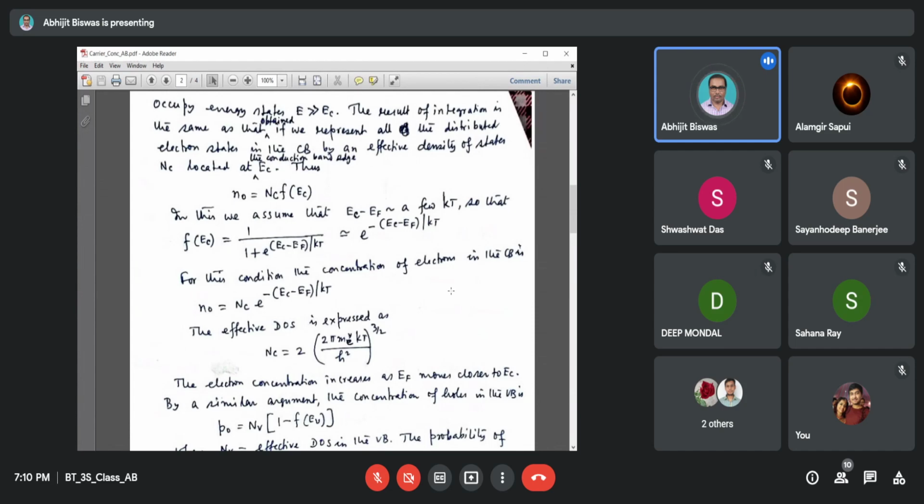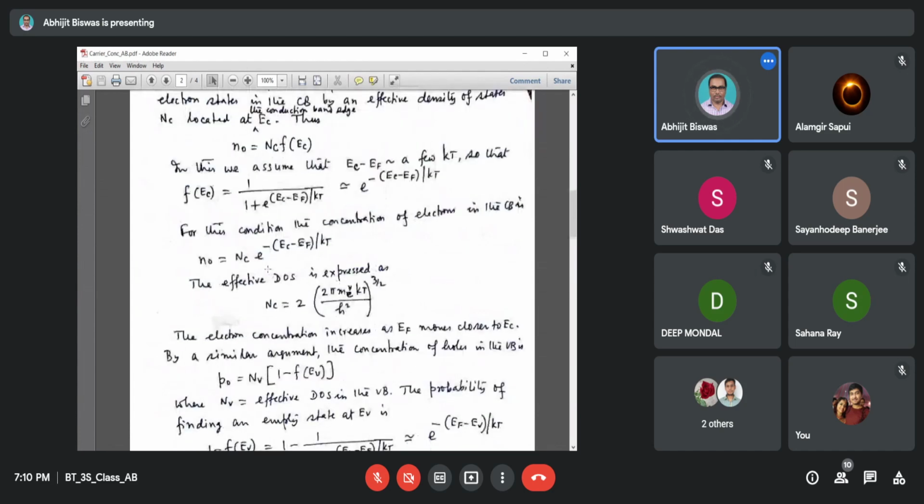Therefore, you can neglect the 1 compared to the exponential term and take it in the numerator with a minus sign. So f of EC is approximately equal to e to the power minus (EC minus EF) divided by kT.